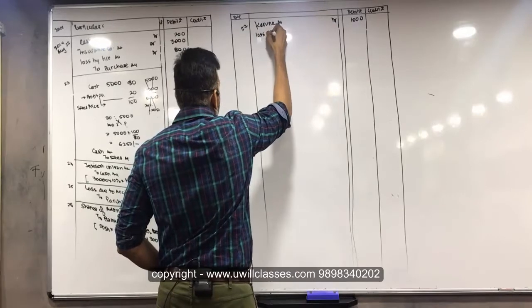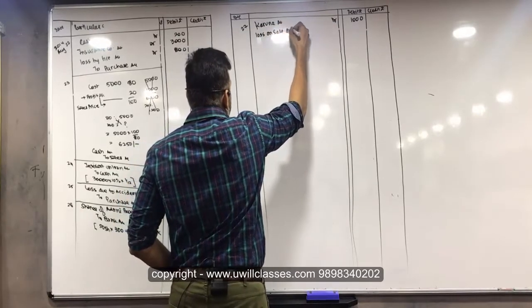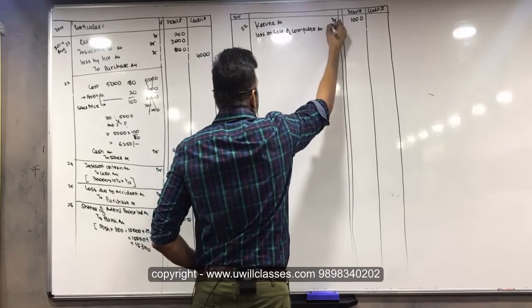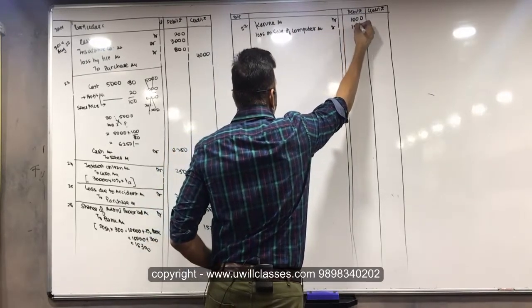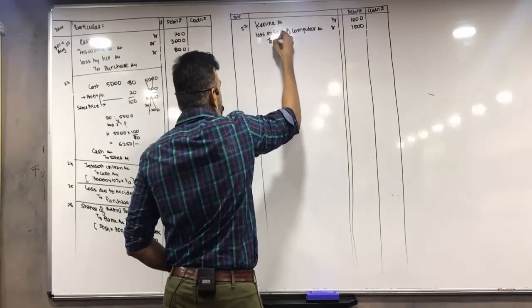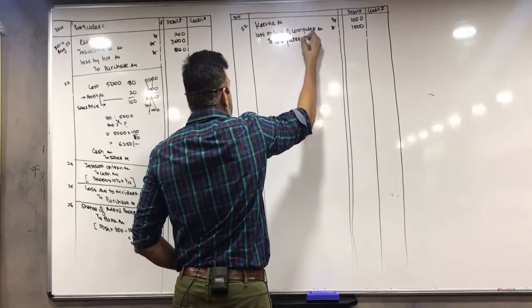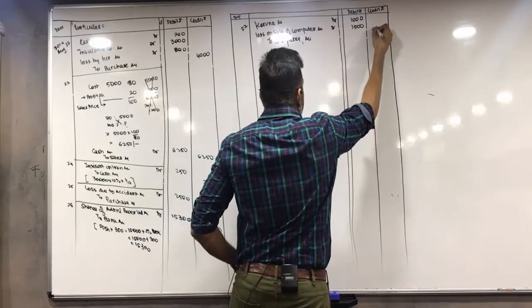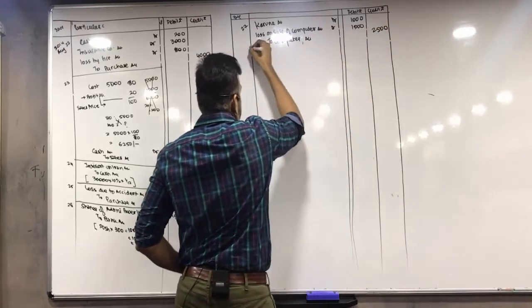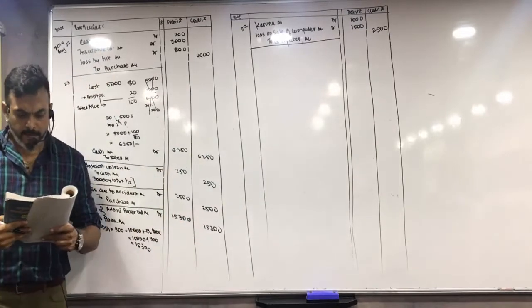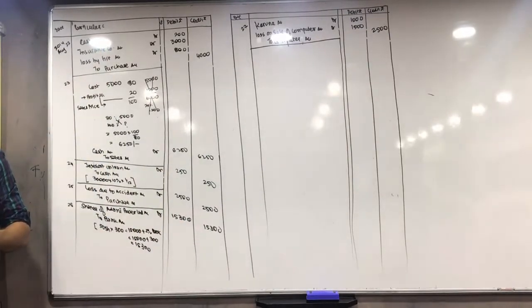Loss on sale of computer account debit 1500. To what goes out? Computer goes out. It's our asset, so we have to record profit or loss.